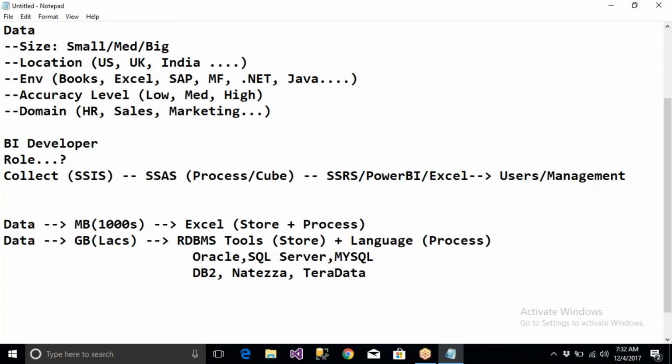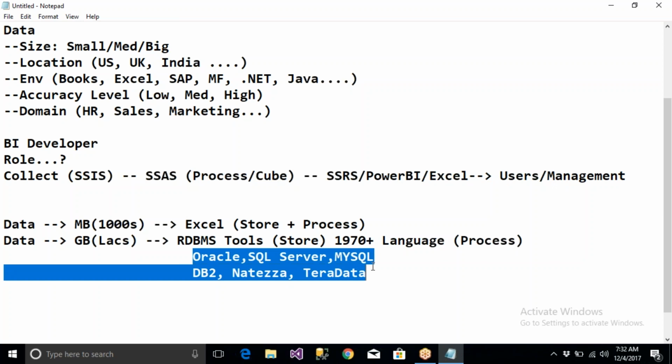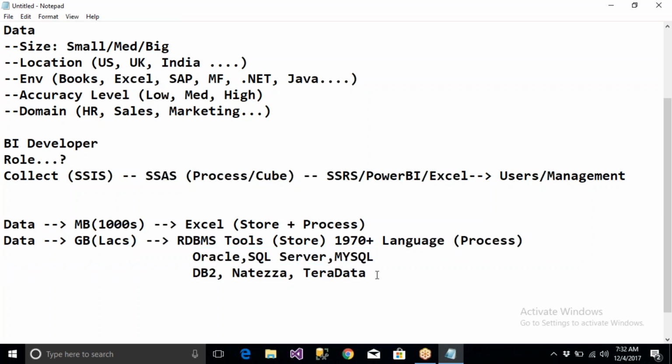All these tools are called RDBMS, relational database management tools, implemented in the industry in 1970. In the 1970s we got these tools, and many companies are storing completely structured data in one of these tools.